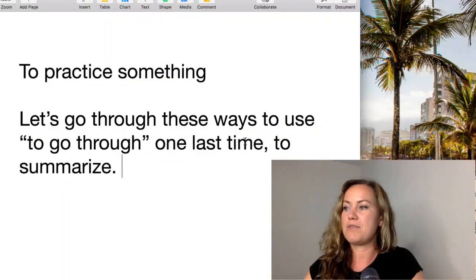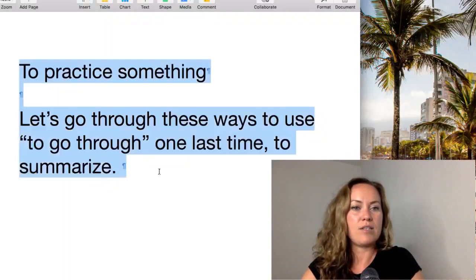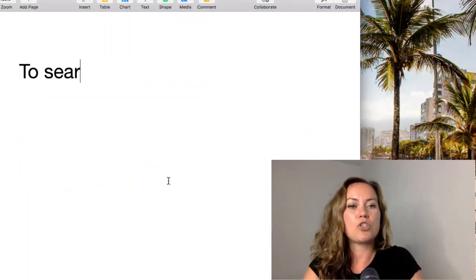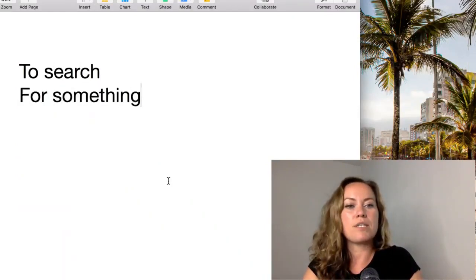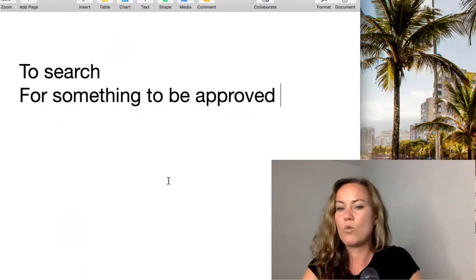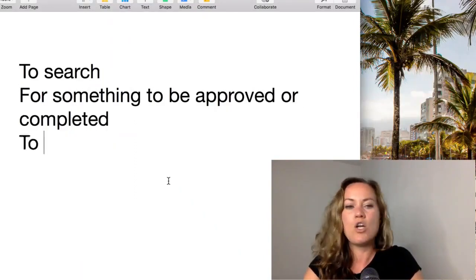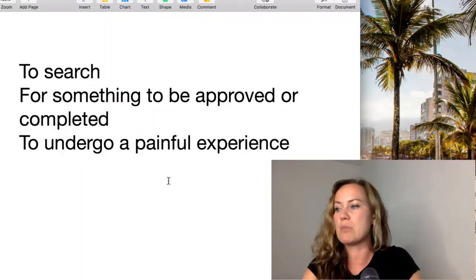So we have to search. All right, let's go through the different ways to use to go through. To search carefully for something. To be approved or completed, which are kind of different things, but we included them together. To undergo a painful experience or a difficult experience.